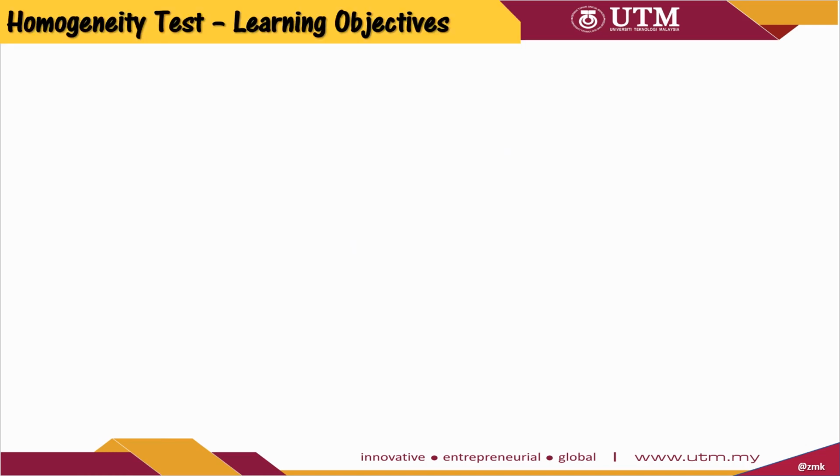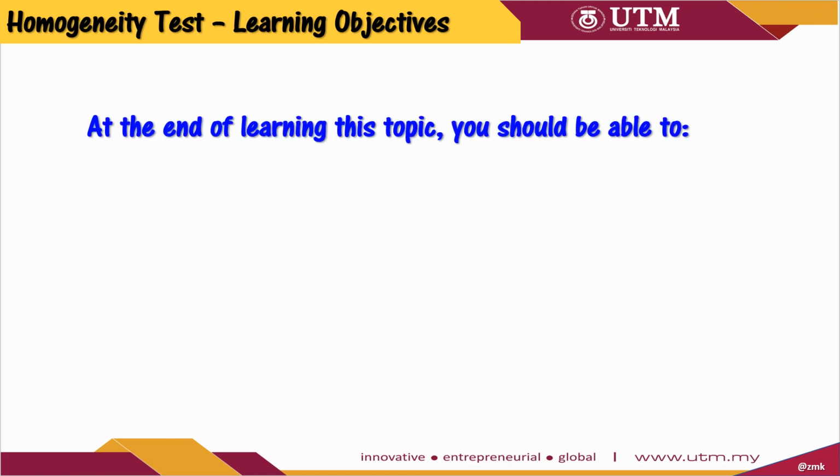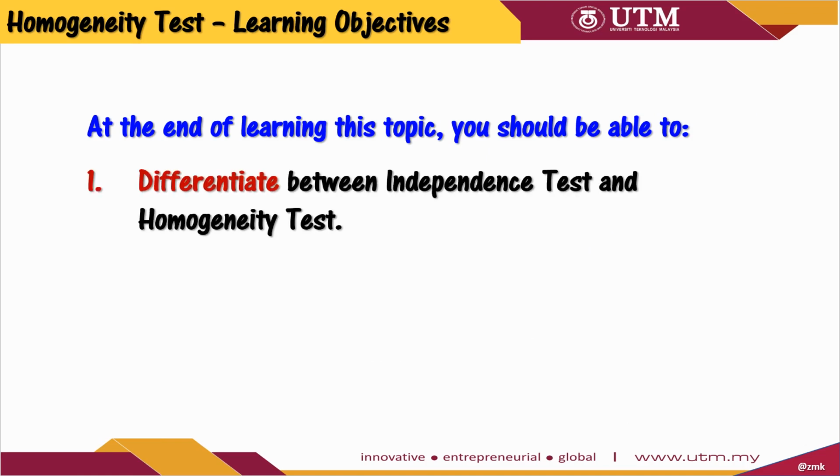This topic's learning objectives are listed as follows. At the end of learning this topic, you should be able to first differentiate between an independence test and a homogeneity test, because you will find out later that both tests have a couple of similarities and differences.